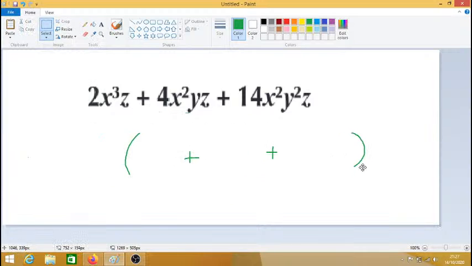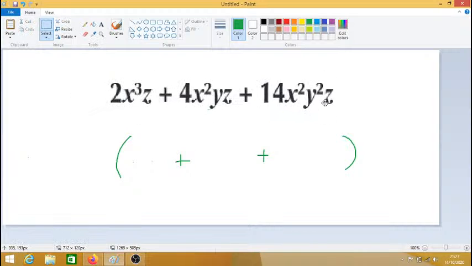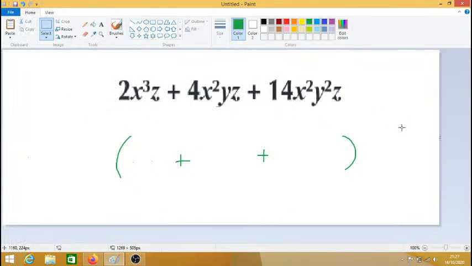Okay, well done if you've got the common factor starting with a2. Just a few more seconds to see if you can finish that off.